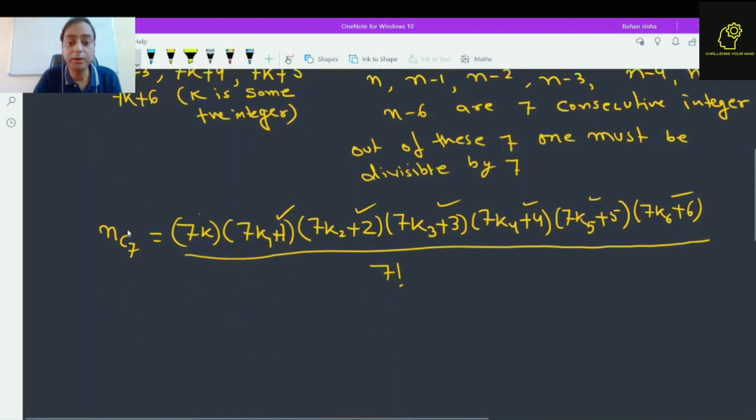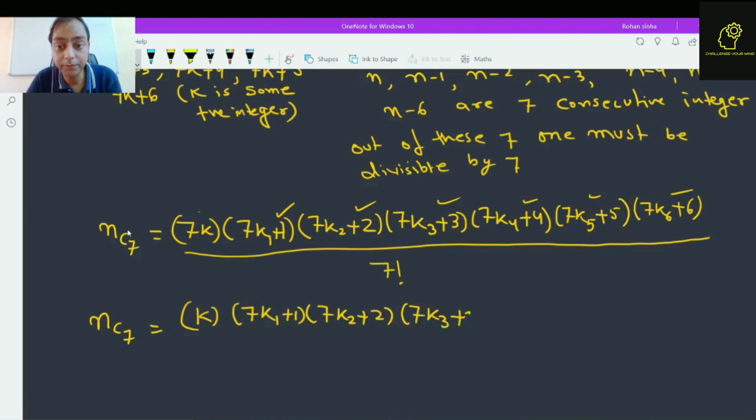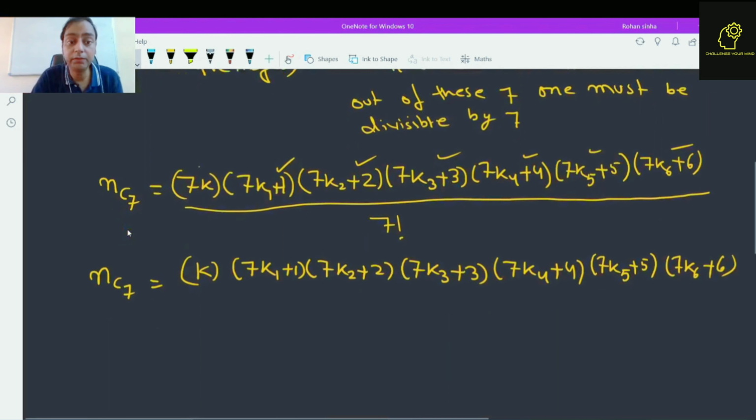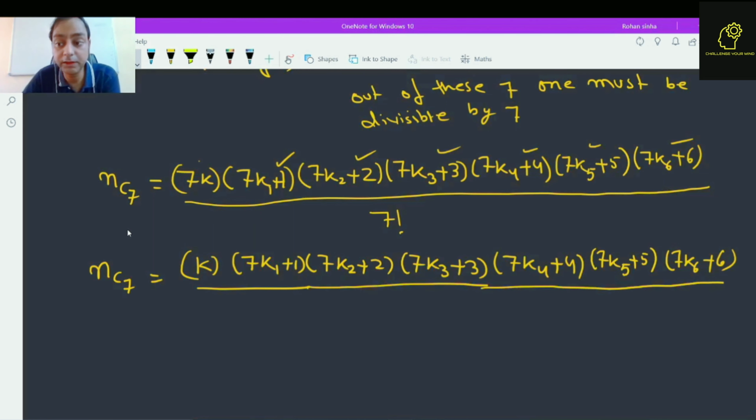So if you simplify this, what you find is nC7 is equal to k into 7k1 plus 1, 7k2 plus 2, 7k3 plus 3, 7k4 plus 4, 7k5 plus 5, 7k6 plus 6, whole divided by 7 factorial, where the 7 cancels out, leaving 6 factorial.